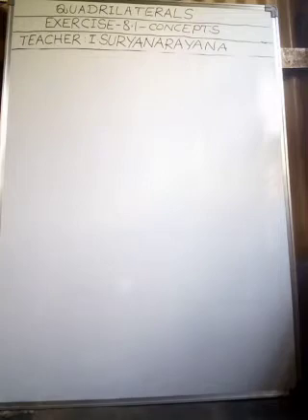Rectangle, square, parallelogram, trapezium, kite, rhombus, all these are quadrilaterals. These are different types of quadrilaterals. We will study these types one by one and their properties. Right.